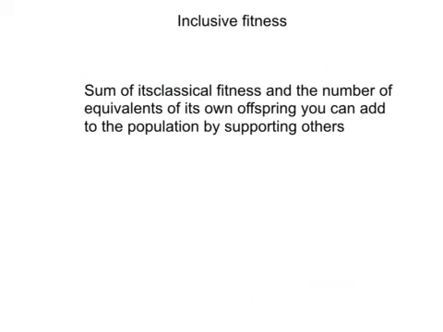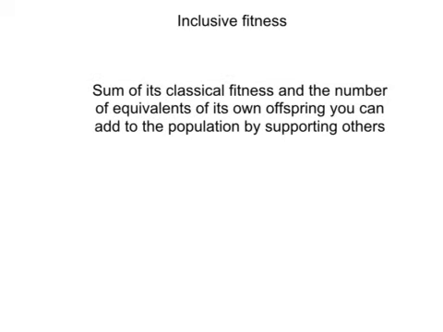So let's look at the concept of inclusive fitness then. Inclusive fitness is the sum of an organism's classical fitness, its classical fitness being how many of its own offspring it can produce and support.